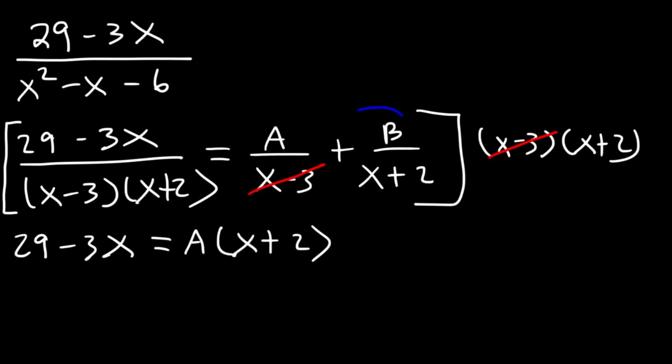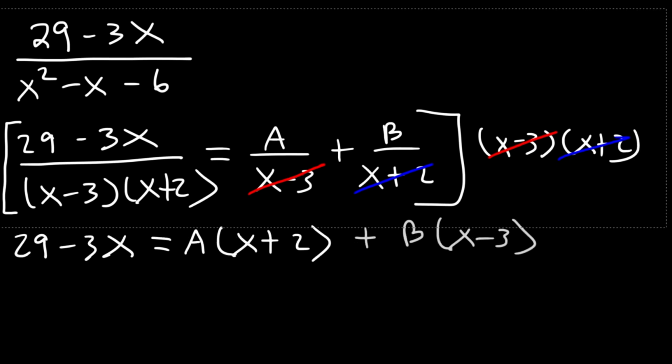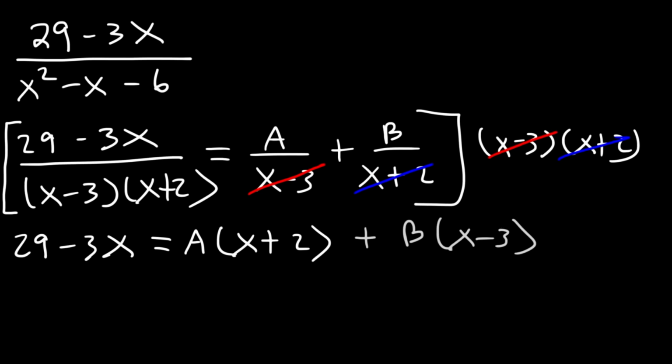And then if we take this fraction, multiply it by (x minus 3) times (x plus 2), the x plus 2 factors will cancel, leaving behind b times (x minus 3). Actually, let's keep that there for now.